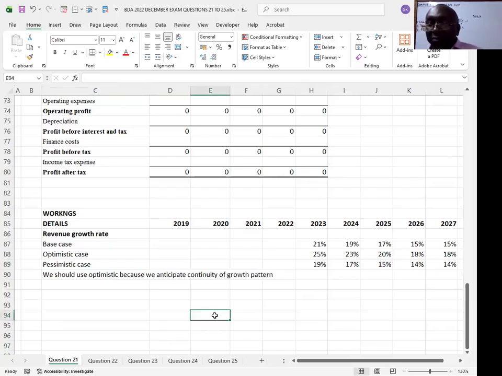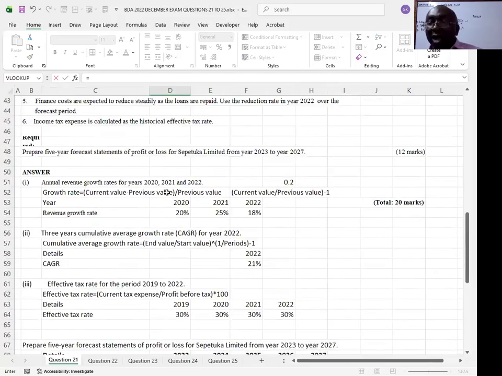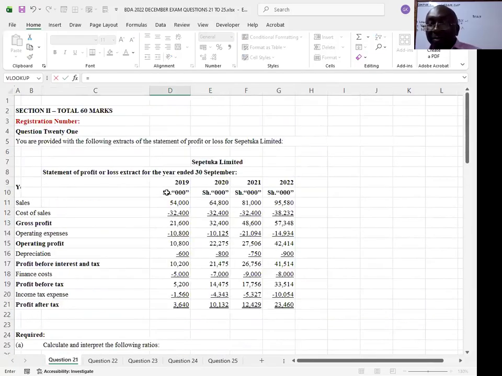So if we are using the optimistic, then you come here, let's say equals. We go up here and take the revenue that was here for 2022, this one. That is the one that we want now to grow to 2023. So you say times, then you open the brackets.